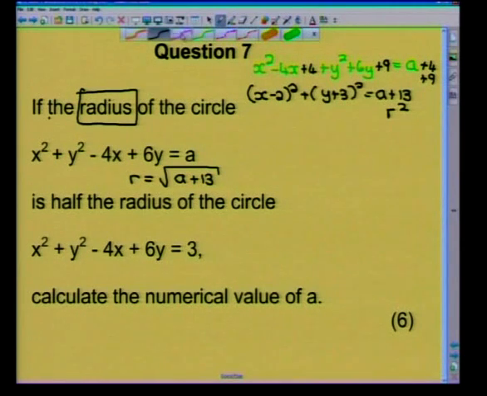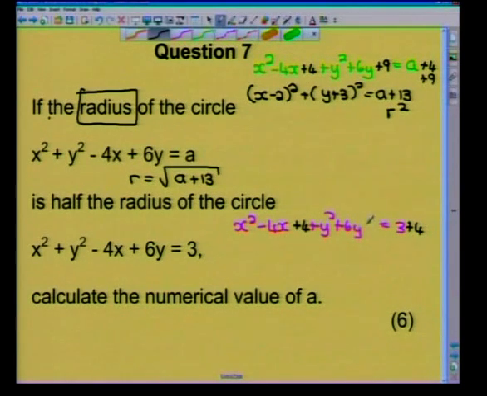Right, let's move to the other one. Again, we have to complete the square, and you can see it's not hugely different to what we've done already. So if we look here, we've got x squared minus 4x, leave a space, plus y squared plus 6y, leave a space, equals 3. And again, we're going to complete the square, so half of that is minus 2, squared is going to be 4, added both sides.